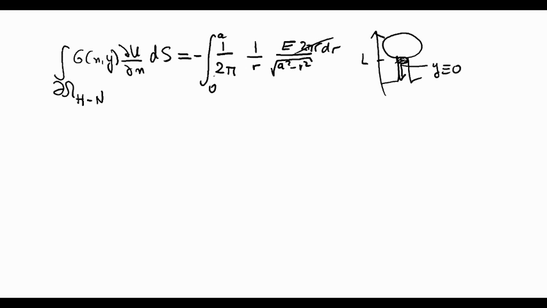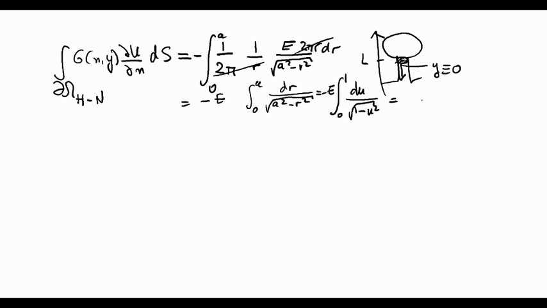So this and this goes away, and we are left with minus E integration from 0 to a of dr divided by the square root of a squared minus r squared, which by changing variable is equal to the integral from 0 to 1 of du divided by the square root of 1 minus u squared, which is exactly arc sine of 1 minus arc sine of 0, and this is exactly minus E pi over 2.